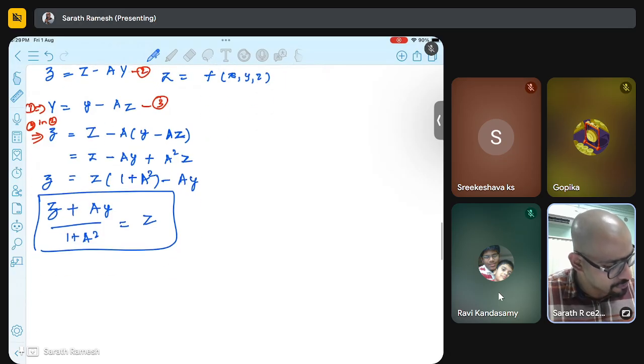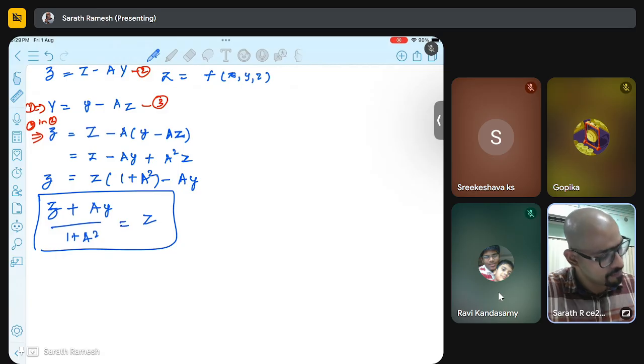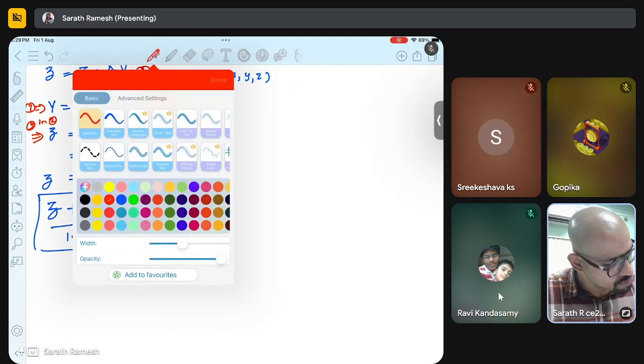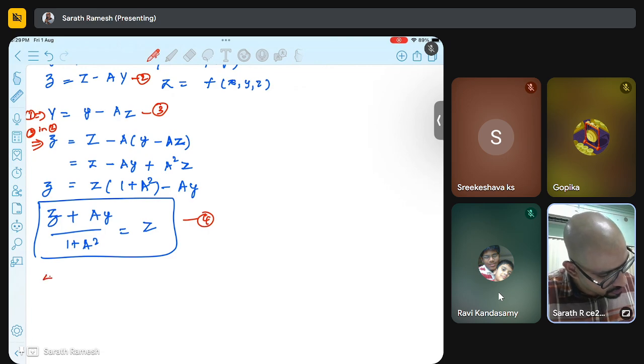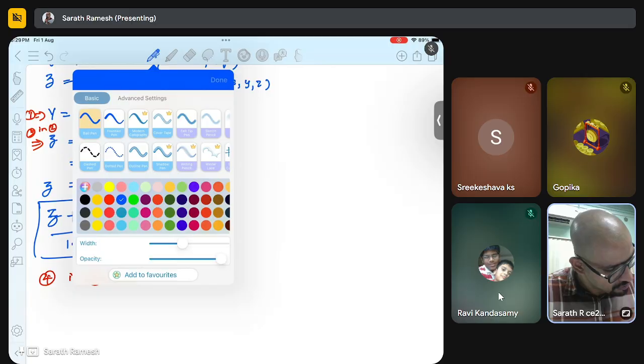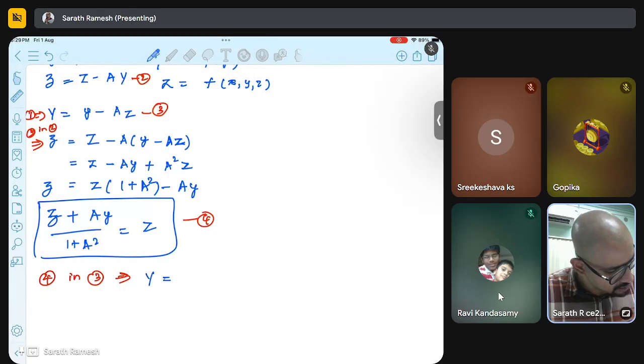Now let it be equation number 4, and substitute it back to get capital Y. 4 in 3 implies capital Y is equal to small y minus A times small z plus A into y divided by 1 plus A square.